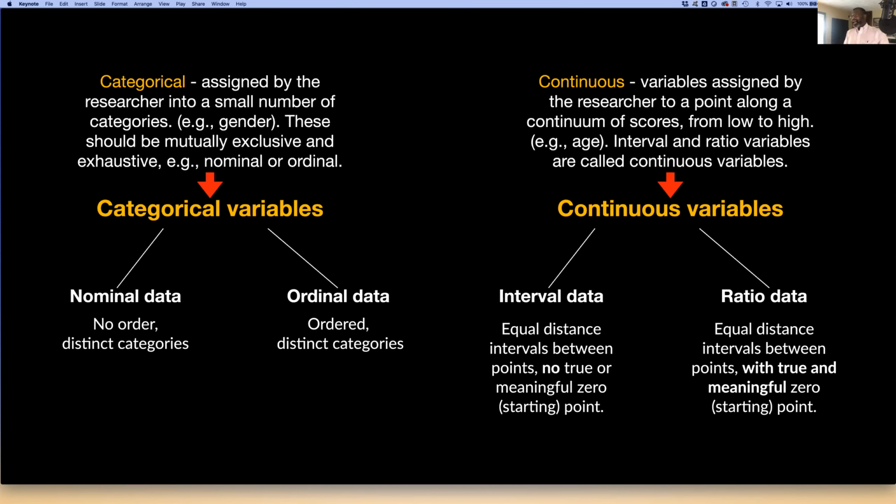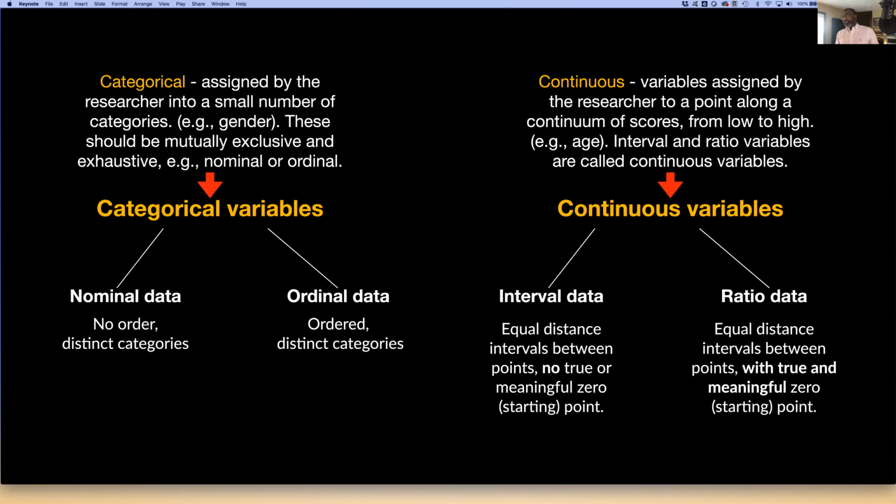For nominal data, those are categories, but they have no distinct order. We're talking about things like eye color, race, religious affiliation. There's no order. Those are very distinct categories, but no order.